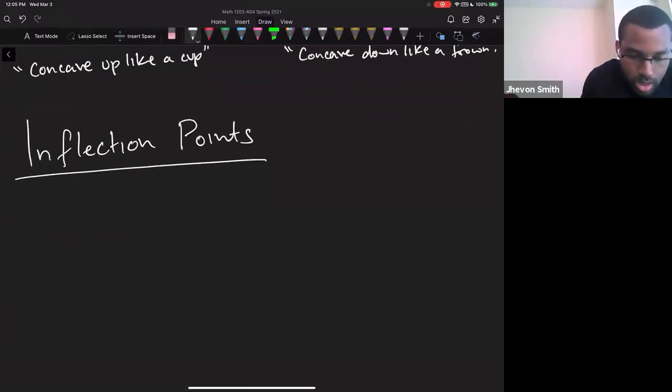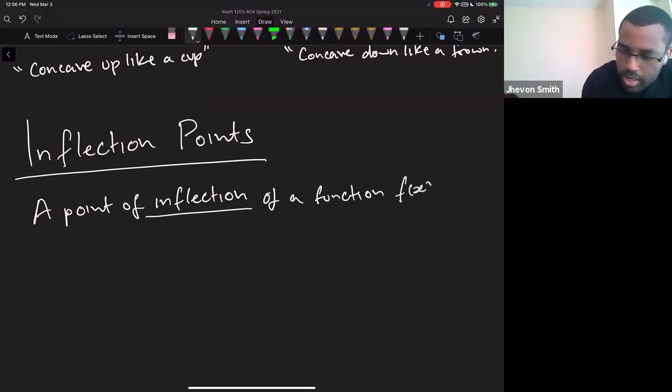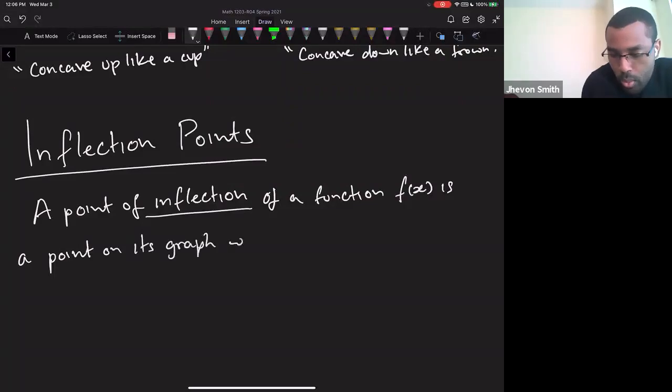So a point of inflection of a function f of x is a point on its graph where it switches concavity.